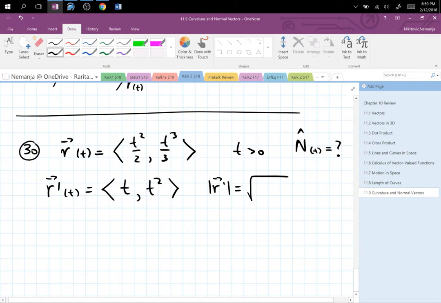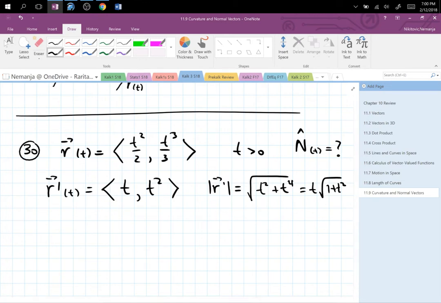So the magnitude of r is when you get t squared plus t to the fourth, right? And the only thing you can do here is kick out t and have a square root of 1 plus t squared. You can't get far with this.